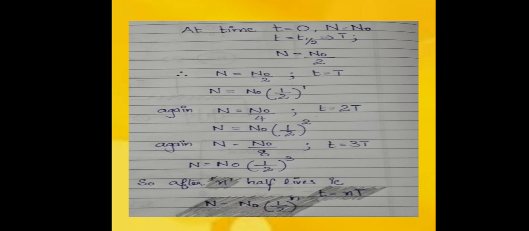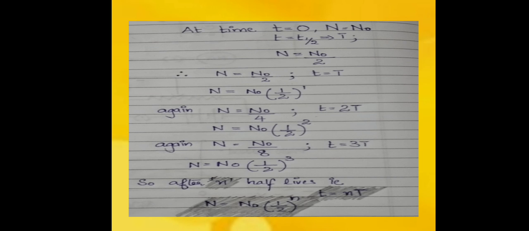Now if we check all these equations, a pattern is being followed, right? Generalizing, after n half-lives, the number of atoms present will be N is equal to n0 into 1 by 2 whole raised to n, where n means the number of half-lives.